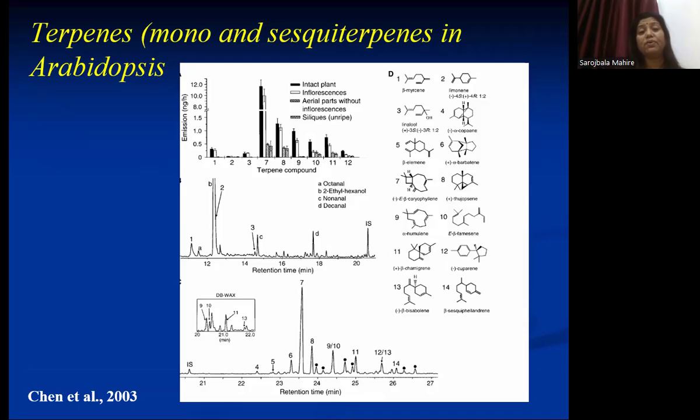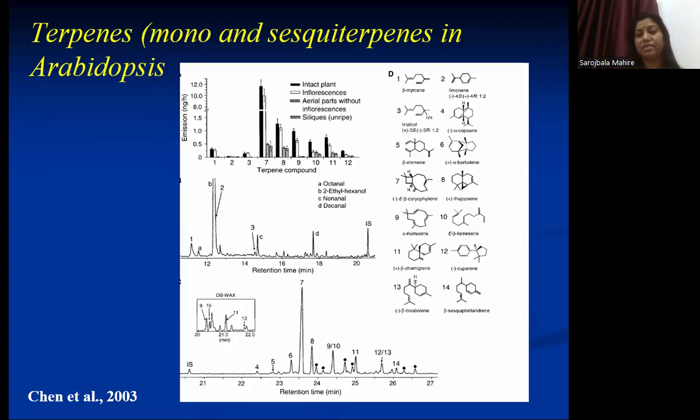Terpene is the most important group of secondary metabolites. In this, the particular number of carbons can form different types of terpenes: monoterpenoids, sesquiterpenoids, diterpenoids, and triterpenoids.